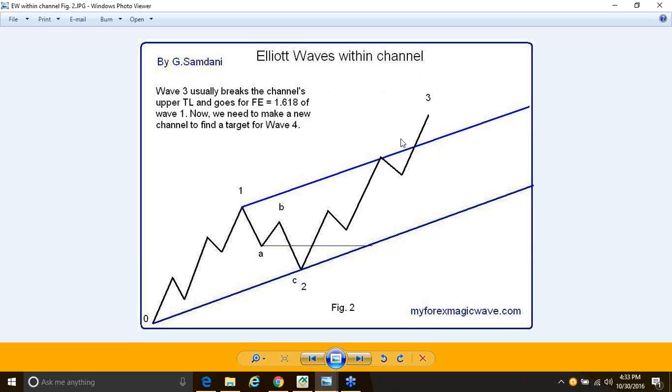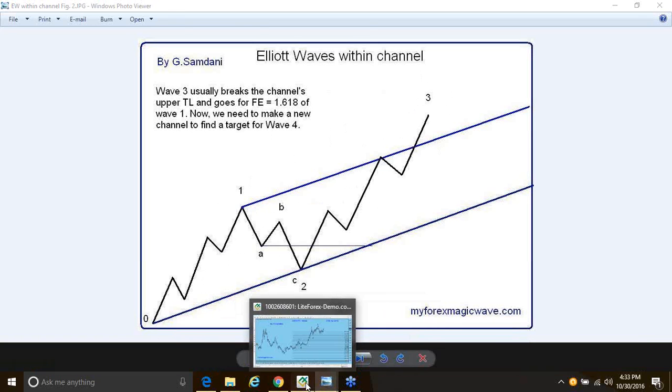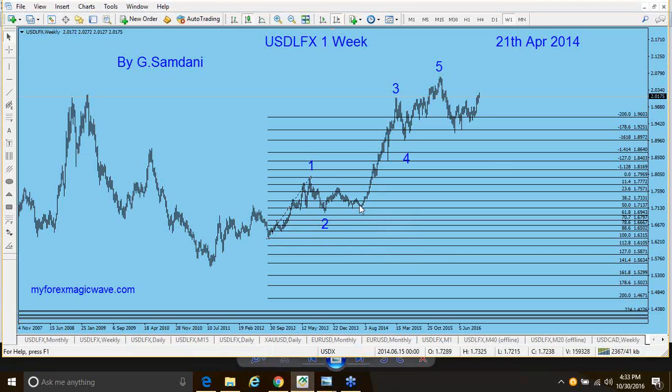So it's supposedly going for 1.618 of wave 1. 1.618 of wave 1 means equal to that would be 100%, but wave 3 should be 0.618 more than wave 1. So how do we measure that? We measure with the Fibonacci expansion tool. So we go there, and then we see if this wave 3 from here to here is the case.